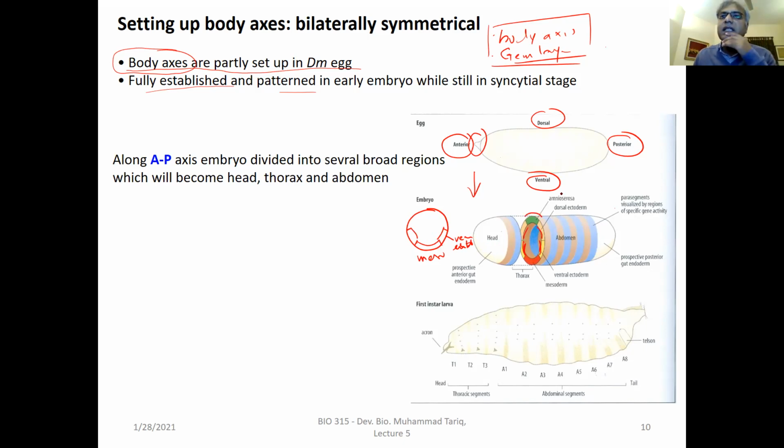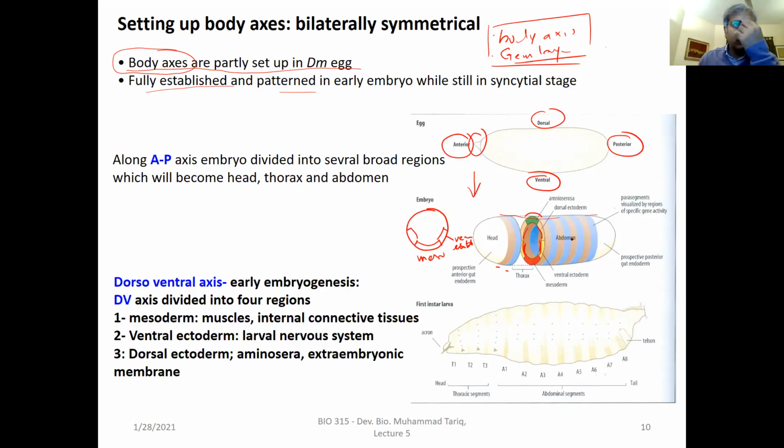This is basically extra embryonic tissue. We'll talk about this later on as well. And already by this stage, you have very clear parasegments or signs of segmentation in the fruit fly embryo.